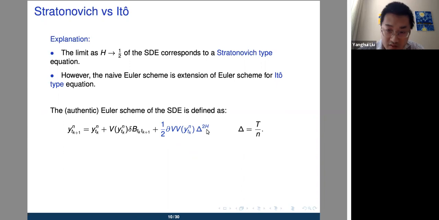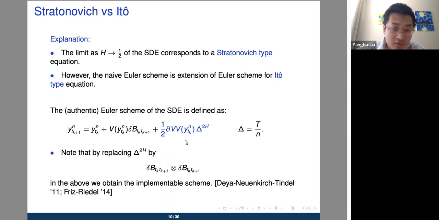And the second part is delta to the 2h. This is a deterministic term. Delta is equal to the step size, T over n. And so an intuition of this term is that if you take h to be 1/2, this becomes delta. And then this term is exactly the correction term between the Stratonovich equation and the Ito equation.